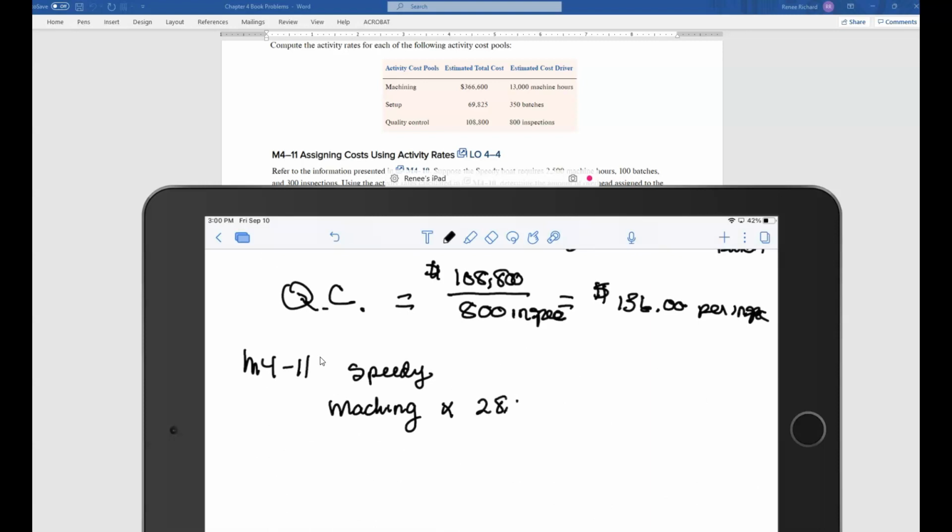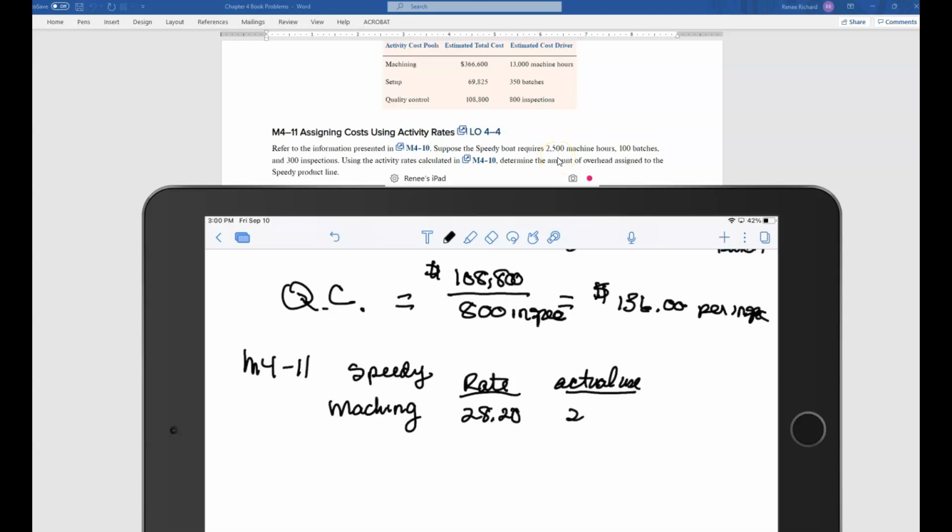So for machining, the rate is $28.20, and actual use of machine hours for Speedy was 2,500. And so the MOH for Speedy is $28.20 times 2,500, or $70,500.